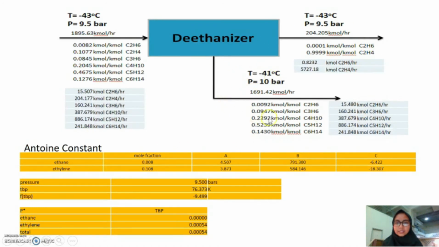And in the second output stream, there is no ethylene produced, but we have the ethane and the other products. We are using this pressure because we are using the TBP, the temperature bubble point, to get 0.9, as I said before, to remove the ethylene.